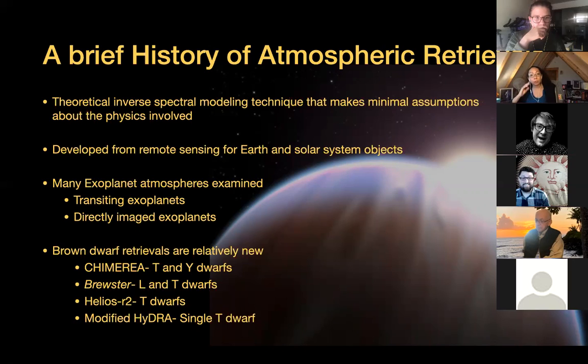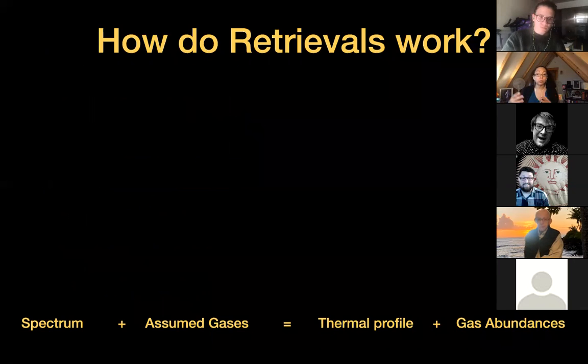The second is Brewster, which has been primarily used for L and T dwarfs, and that's been written by Ben Burningham. There is the Helios-R2 code, which has been tested on a couple of T dwarfs, and the newest code is a modified version of Hydra that's been tested on a single T dwarf. For this work, I am using the Brewster code. So how retrievals work, as I said, it's an inverse spectral modeling technique.